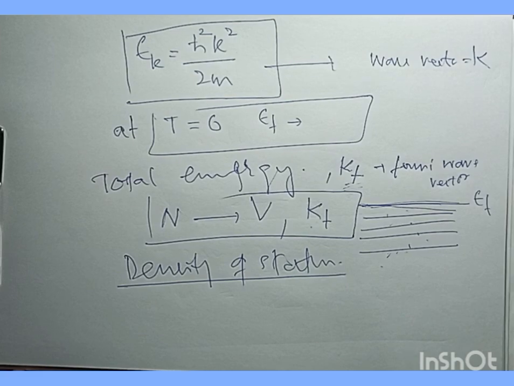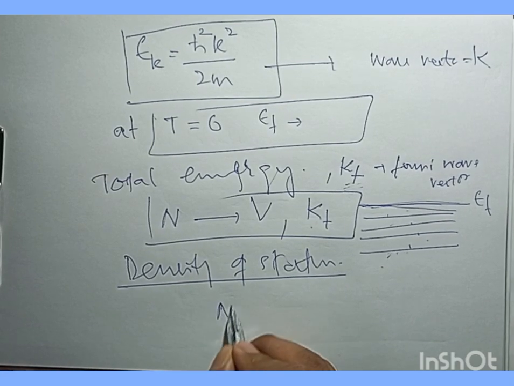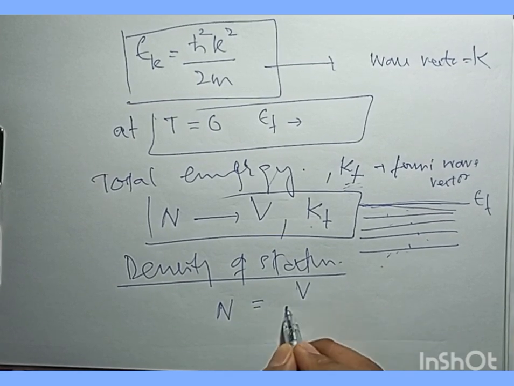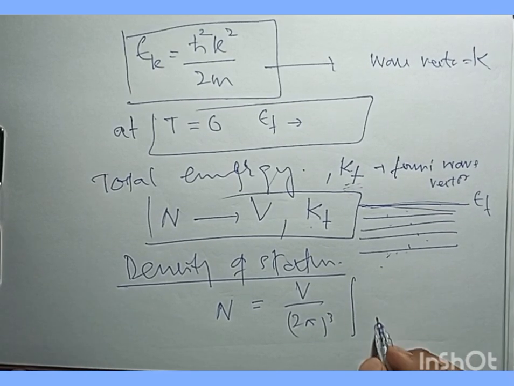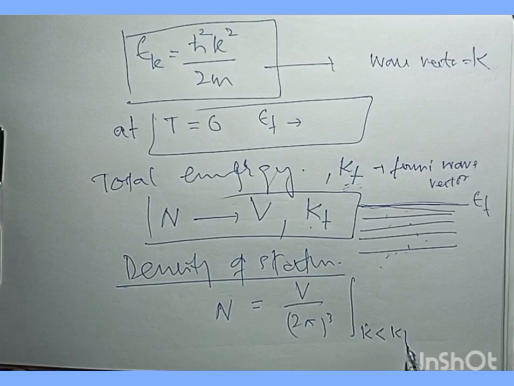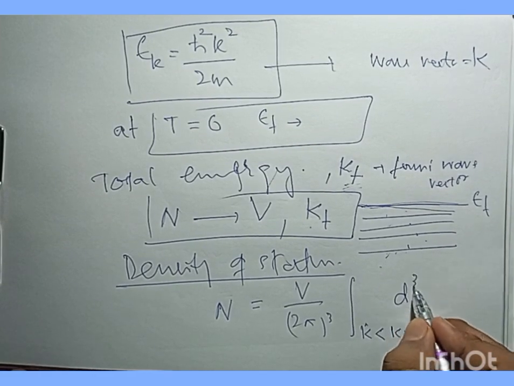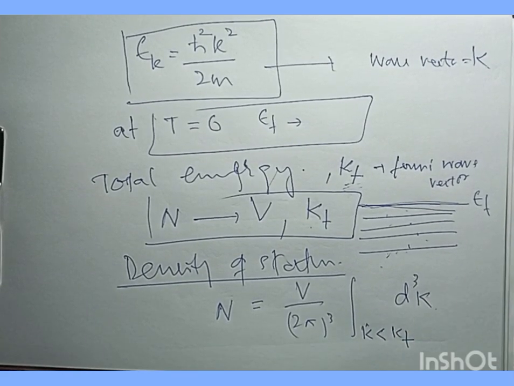That is, N is V by (2 pi) whole cube, then the integral over magnitude of k less than kF, d3k. So this is our number of fermions at this temperature.